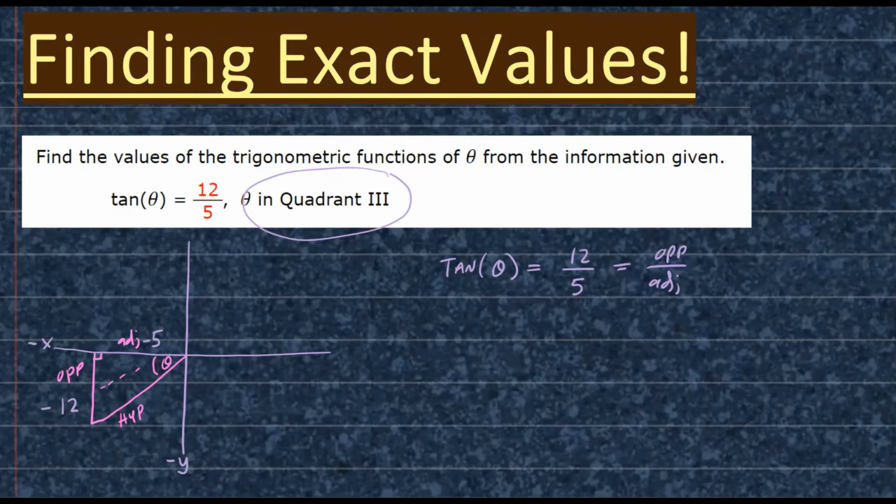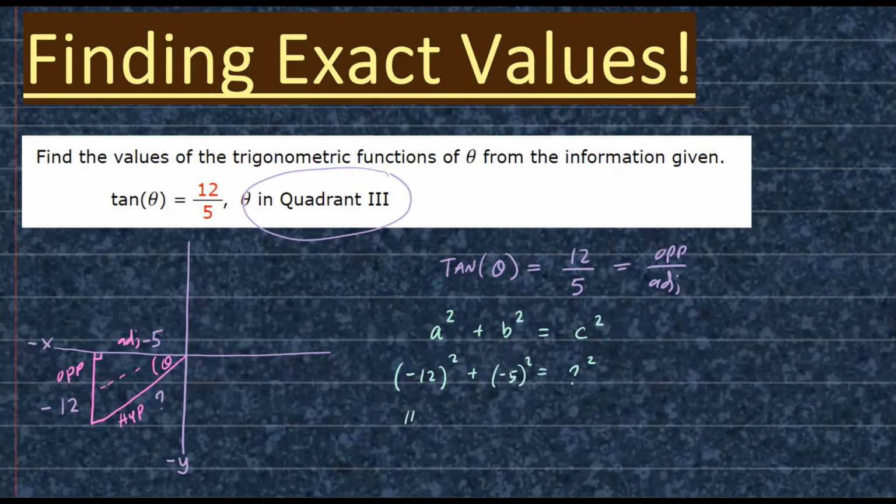Okay, so now let's figure out the hypotenuse. For that, we're going to use the Pythagorean theorem. We know that for a right triangle, a squared plus b squared is equal to c squared. So c is the hypotenuse, and that's what we're looking for. Let's call that question mark squared. And a and b could be either negative 12 or negative 5. So this is negative 12 squared plus negative 5 squared.